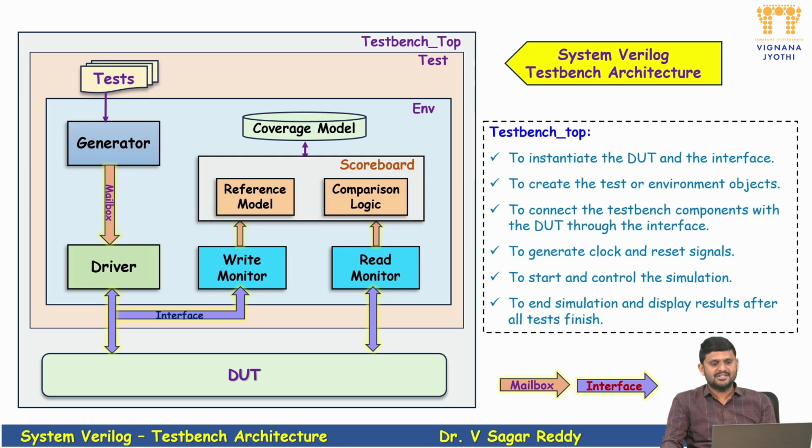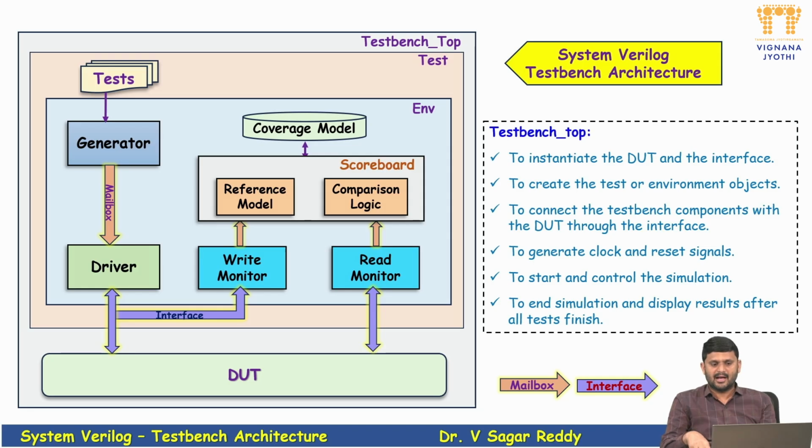The first one is it instantiates the DUT and interface, creating the hardware connection point. The second one is it creates the test and environment objects, bringing the entire verification infrastructure to life, and connects the testbench components to the DUT through the interface, completing the signal path. It also generates clock and reset signals, the fundamental control signals that everything depends on.